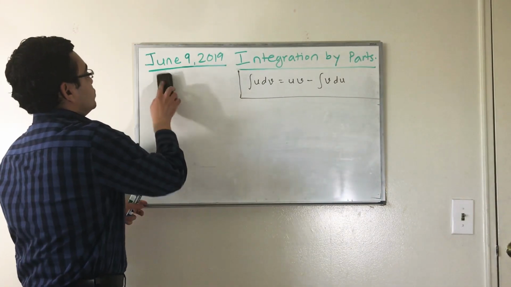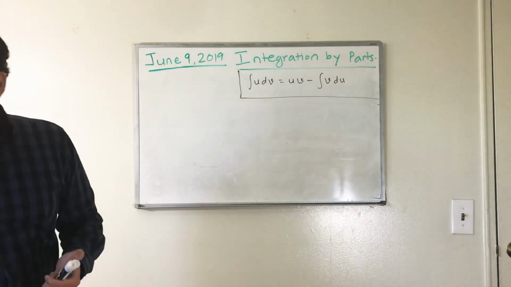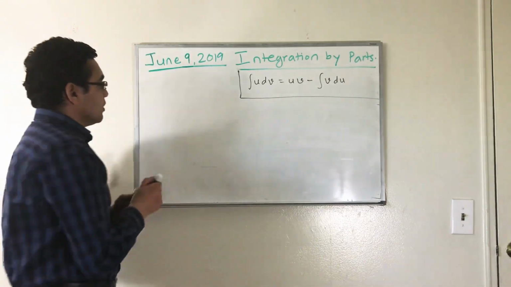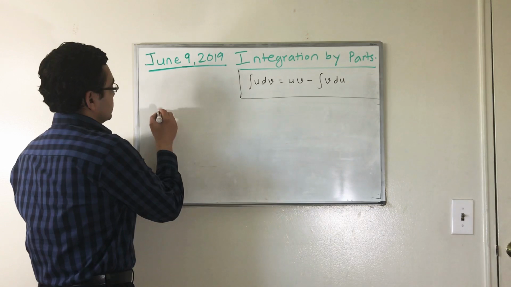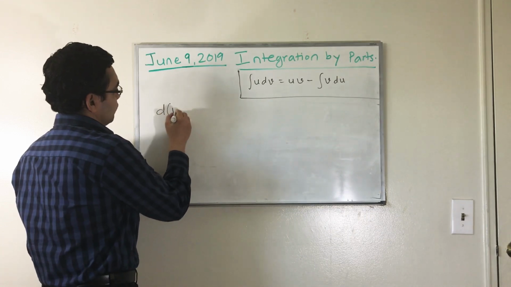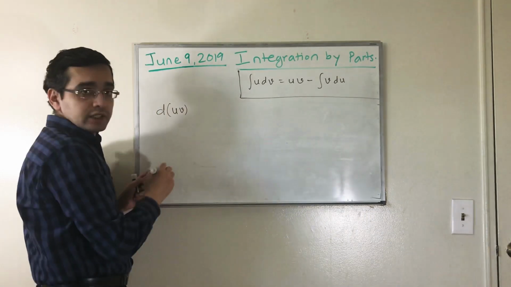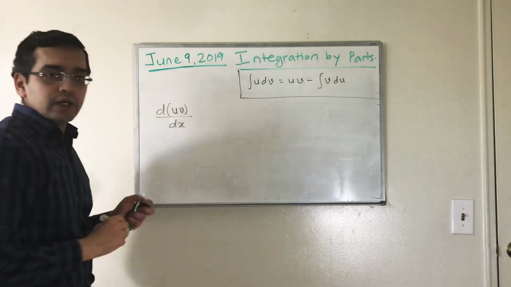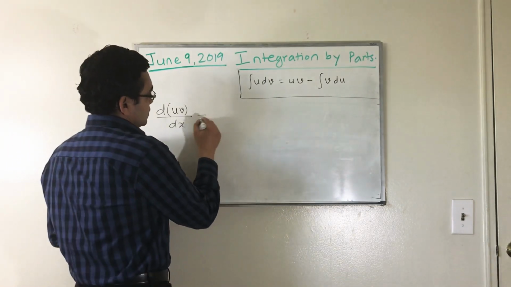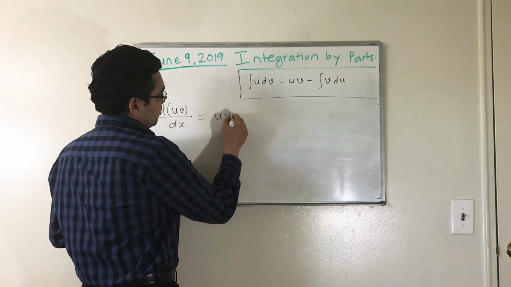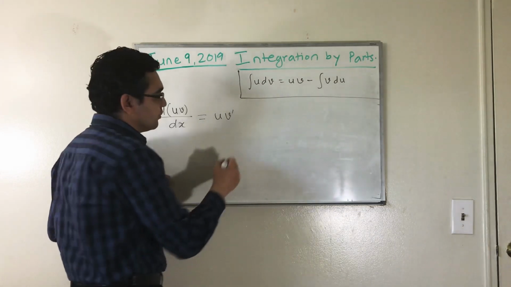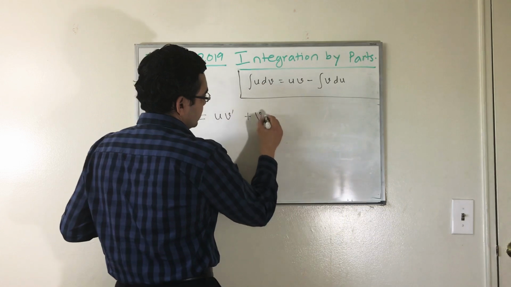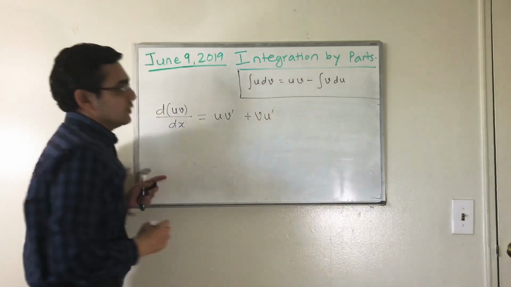So assume that u and v are functions of x. The product rule says that d of uv, that is the multiplication of u and v, differentiated with respect to x, is equal to u v prime, which is the derivative of v, plus v u prime.